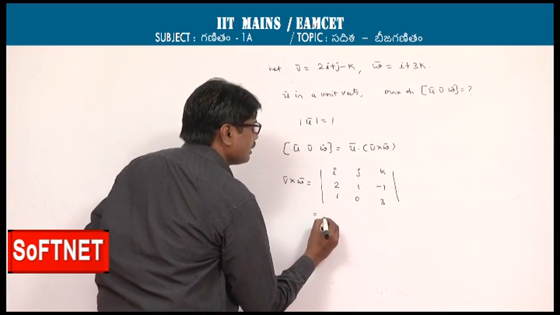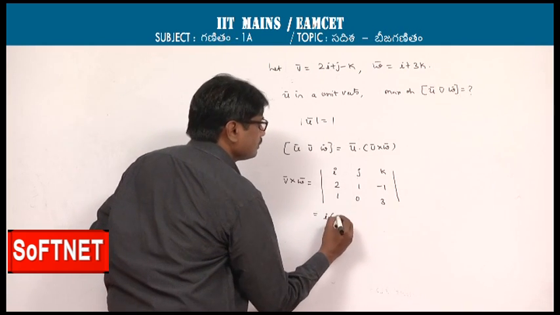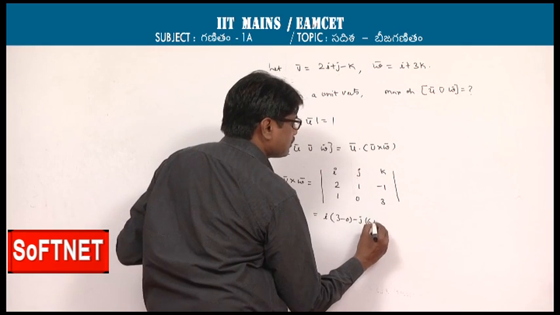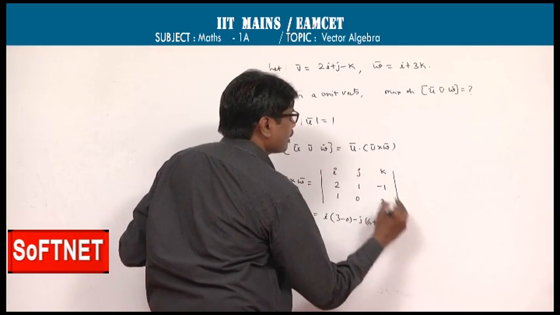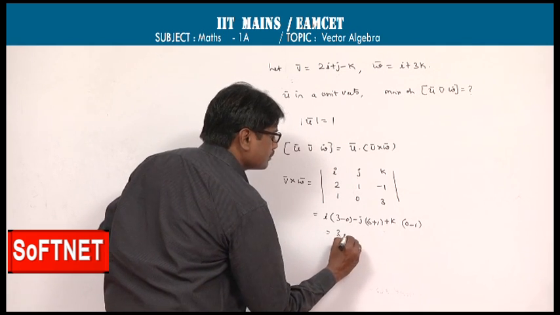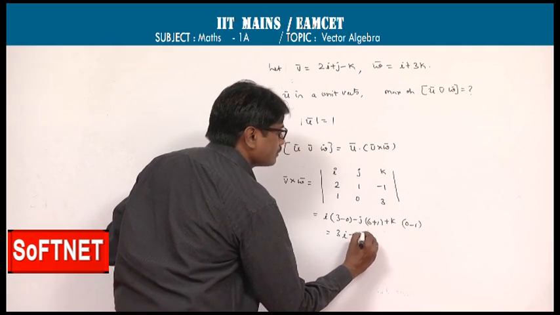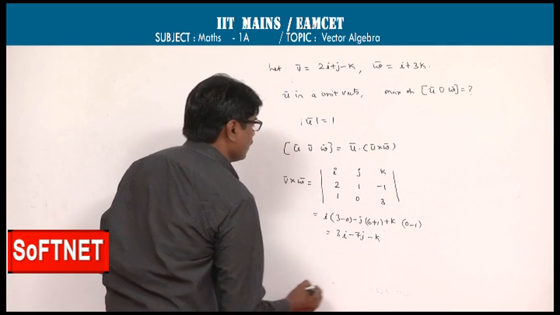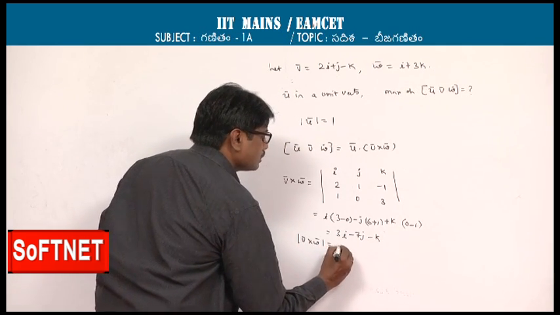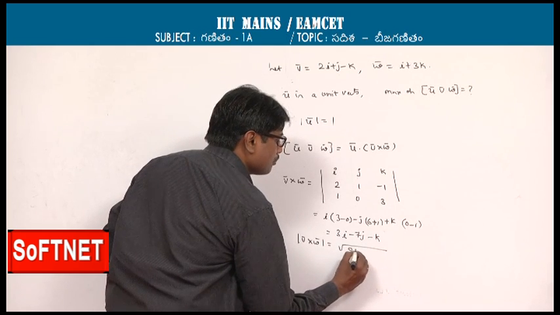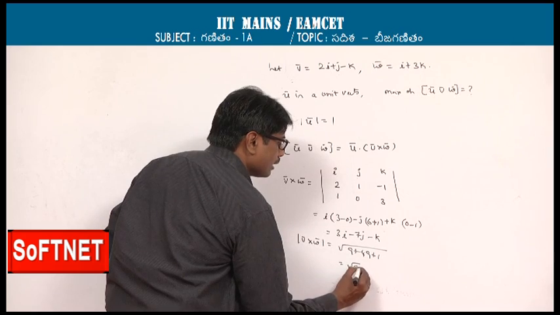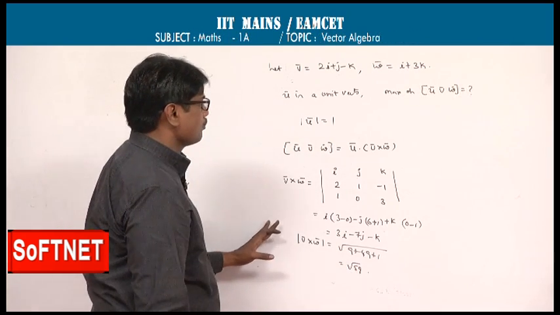On expansion it is i bar times of 3 minus 0, minus j bar times of 6 plus 1, plus k bar times of 0 minus 1. That is 3 times of i bar minus 7 times of j bar minus k bar. Mod of V bar cross W bar is equal to square root of 9 plus 49 plus 1, that is root of 59. Put aside.